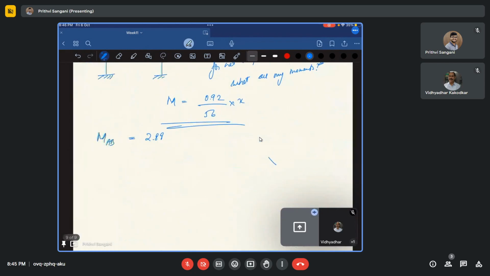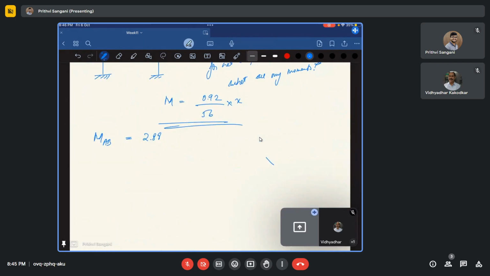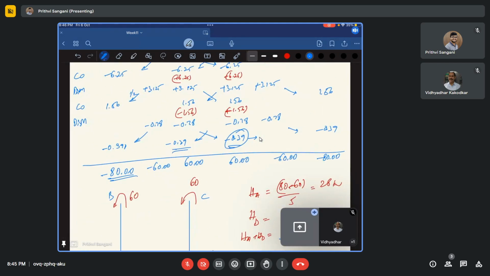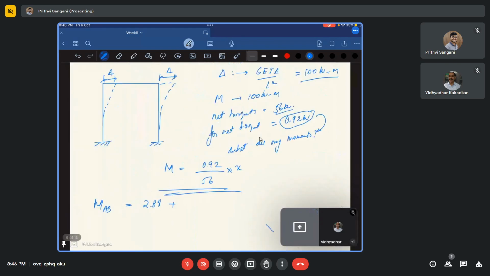Now, including the sway, MAB is going to be 2.88 plus MAB with the sway. How much is this? This is minus 80, so minus 80 times 0.92 by 56. This is what my equation should be. The reason I'm multiplying with 0.92 by 56 is that it is proportionate.